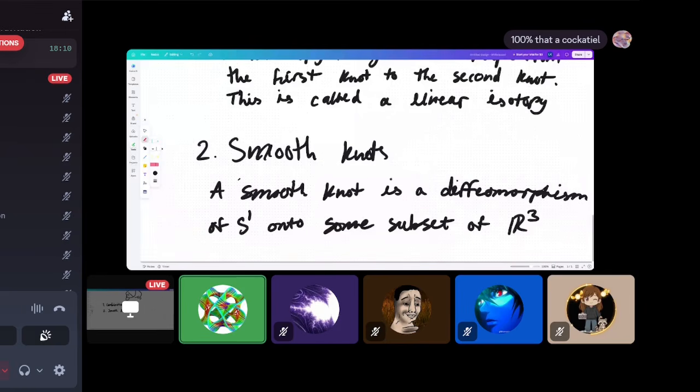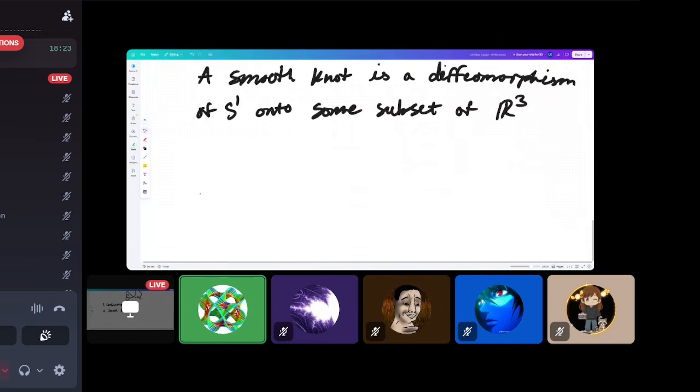So that's basically a smooth embedding of S1. Most people, when they think knot theory, think smooth knots, because that's generally the most applicable. It turns out the knot theory of combinatorial knots and smooth knots is the same. The category of these is the same.